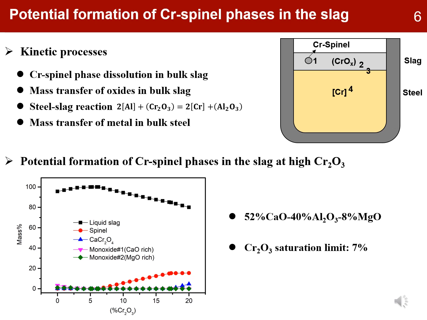As you can see in the figure, it does indicate that somewhere above 7% chromium oxide in the slag, one can expect the magnesium chromate spinel phase to start forming. It can make up around 15% amount of the spinel phase in the slag if one can allow for that.